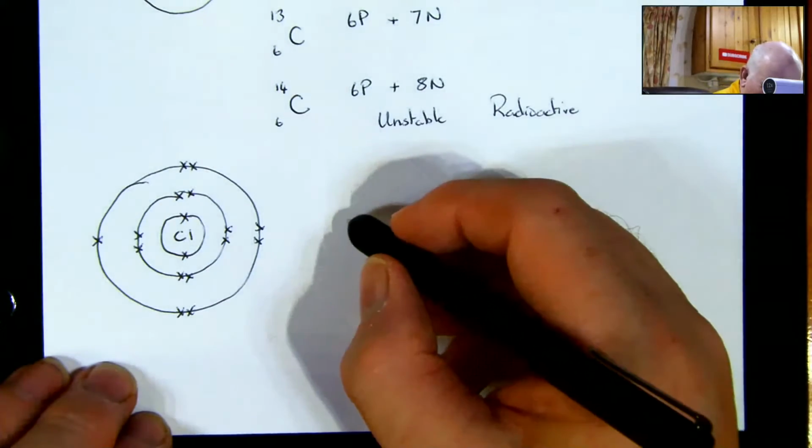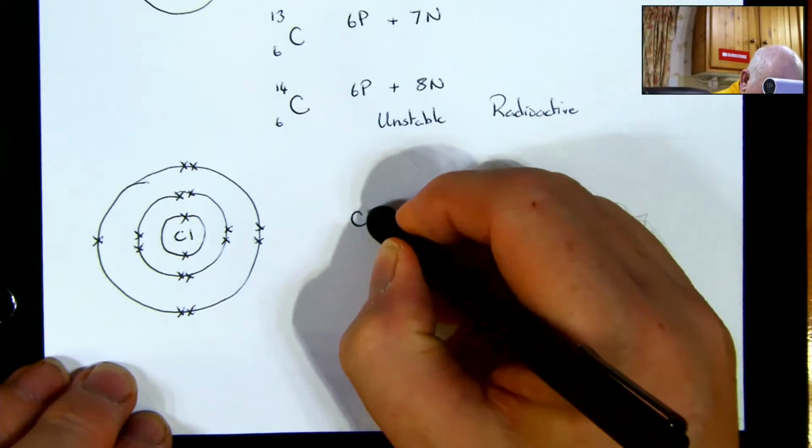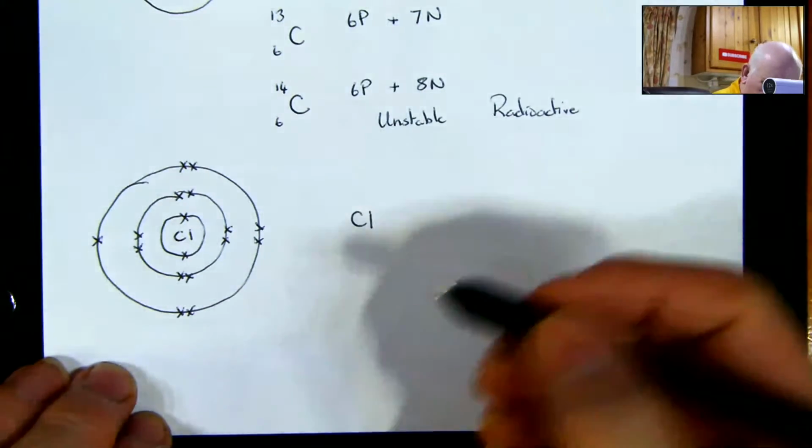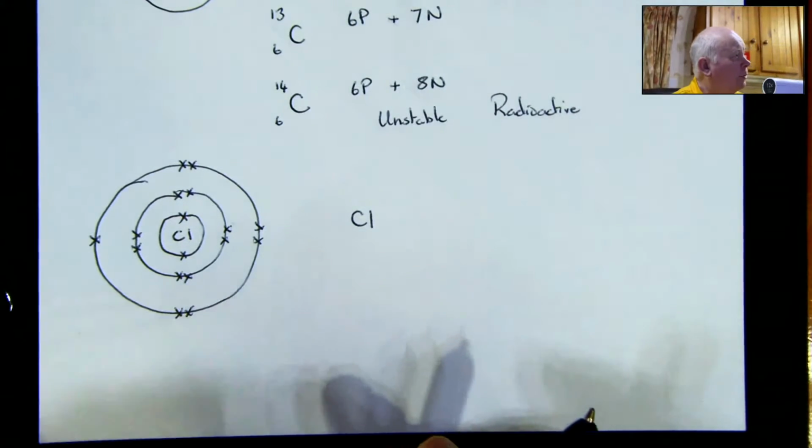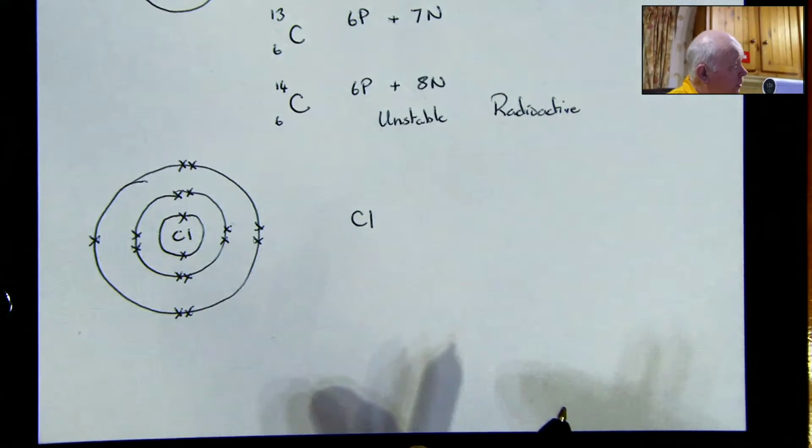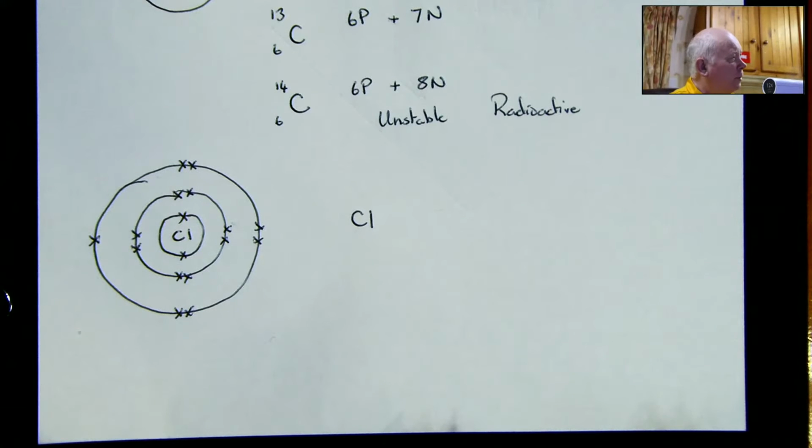Let's look at chlorine. So chlorine comes with a peculiar number. If we look chlorine up on the periodic table, chlorine comes with a number that I wouldn't quite expect.